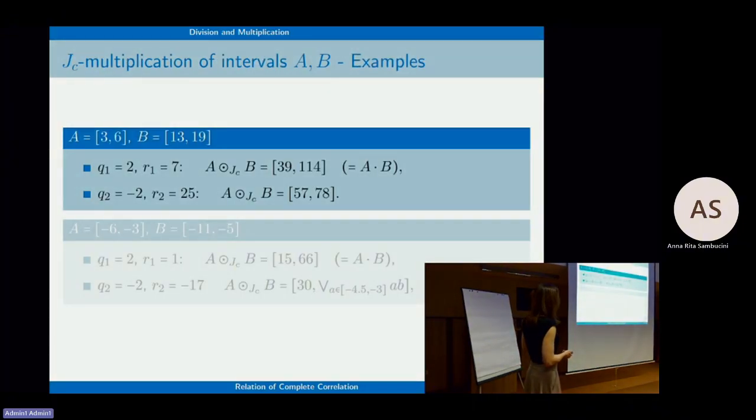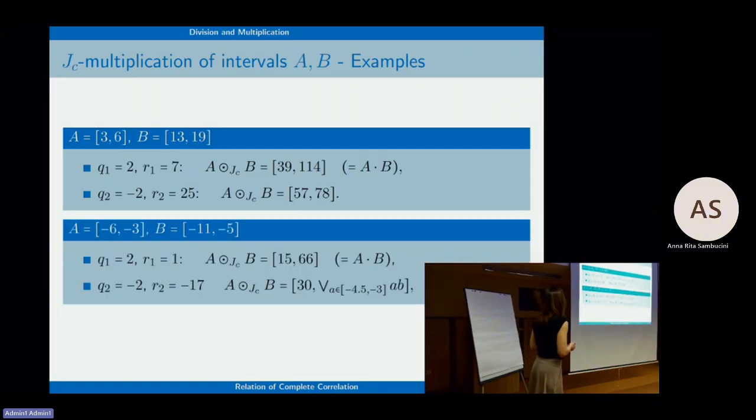Here again, very short examples, two positive intervals, and in the case of positive or negative correlation, we obtain different results. One is equal to Zadeh multiplication, and the second one is a subinterval of this.